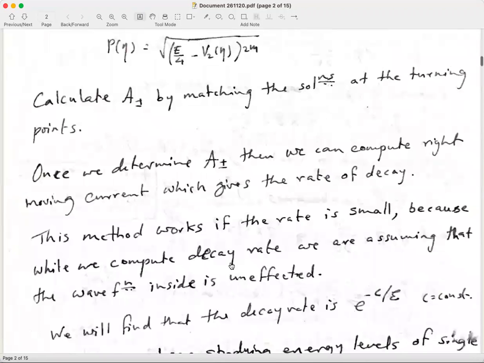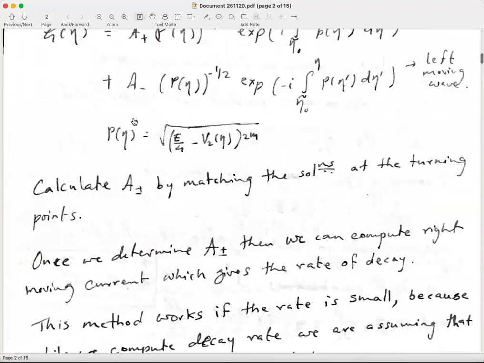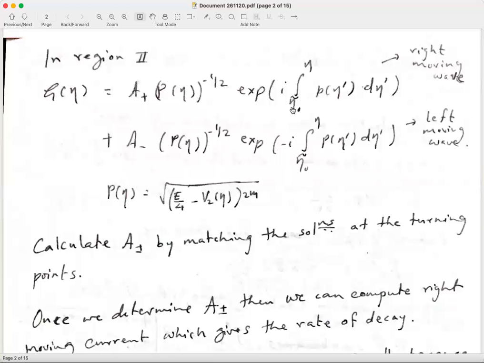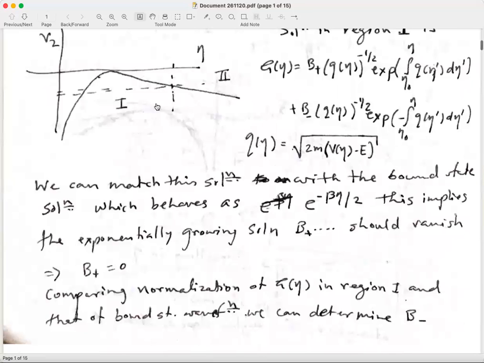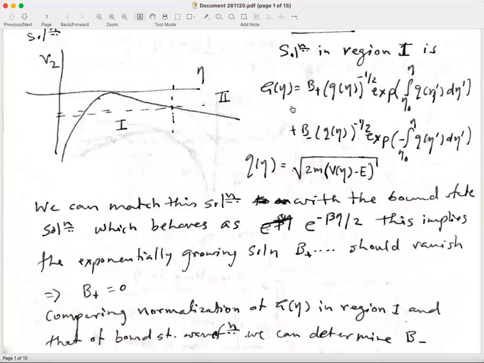After we have determined A plus and A minus, what we want to determine is the right moving current, because the right moving current is the one which tells you the ionization probability. The current moving in the right direction tells you that the electron is getting out of this barrier and escaping to infinity.